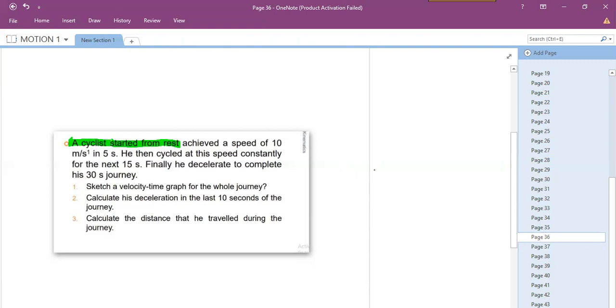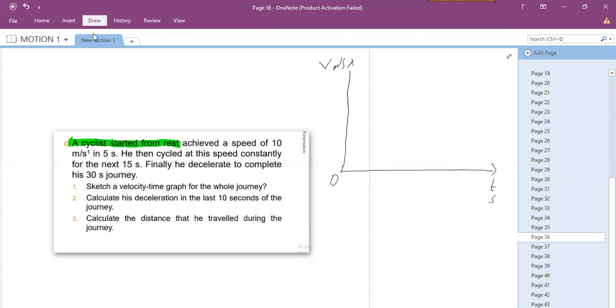So the cyclist is starting from rest. That's the x-axis, and there'll definitely be a y-axis, for velocity in meters per second. You have to write units, and time in seconds. So this cyclist started from rest, so that's the line here that we've drawn parallel to the x-axis.